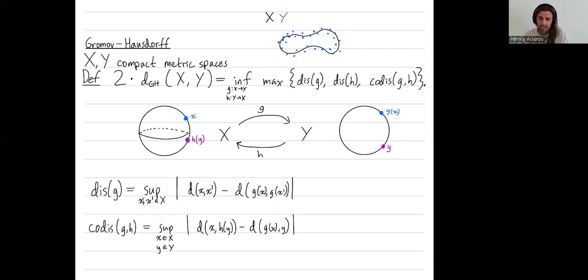For the Gromov-Hausdorff distance, X and Y no longer need to be embedded in the same space. So I infimize over all spaces Z that admit isometric embeddings from X and Y, and I infimize over all possible isometric embeddings. And then once I've embedded X and Y into Z, I just look at the Hausdorff distance in Z. So it's the nearness of metric spaces.